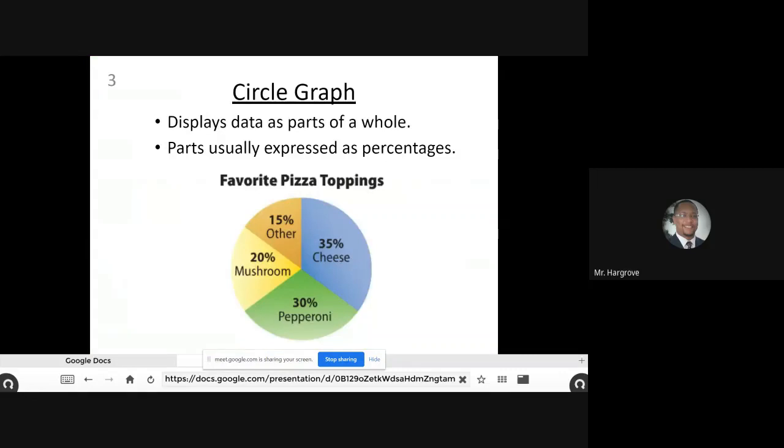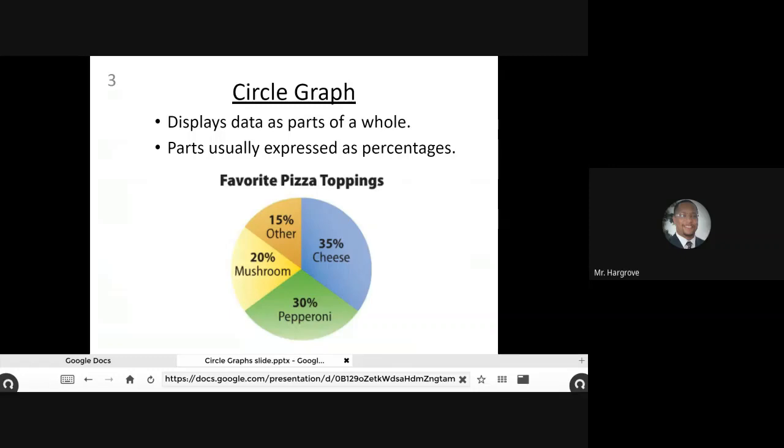So let's start off with generally, what is a circle graph? And what information does it display? Well, it displays data as parts of a whole. So you can think about it like a pie that's being divided up, where each section represents a part of something. If we look at this circle graph, it's related to favorite pizza toppings.